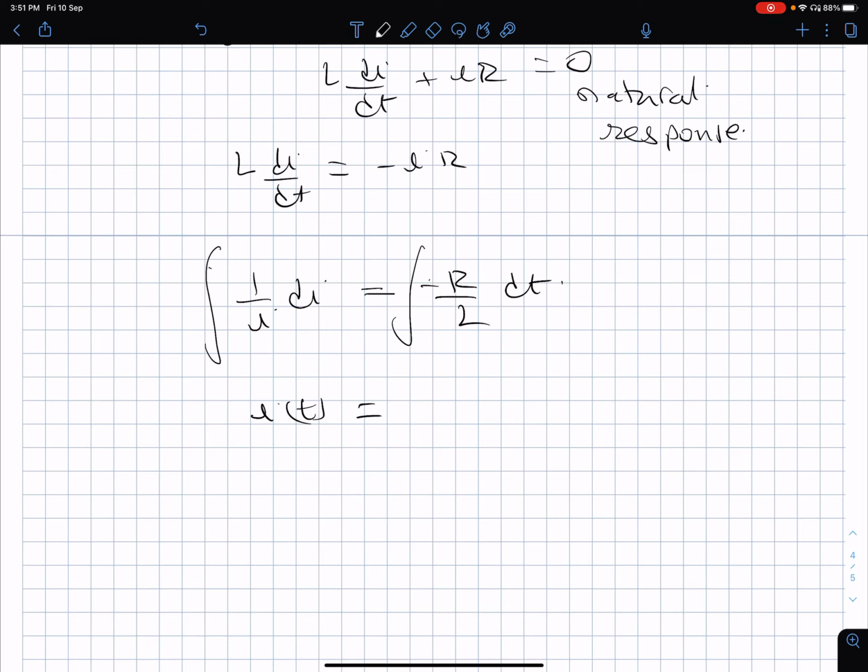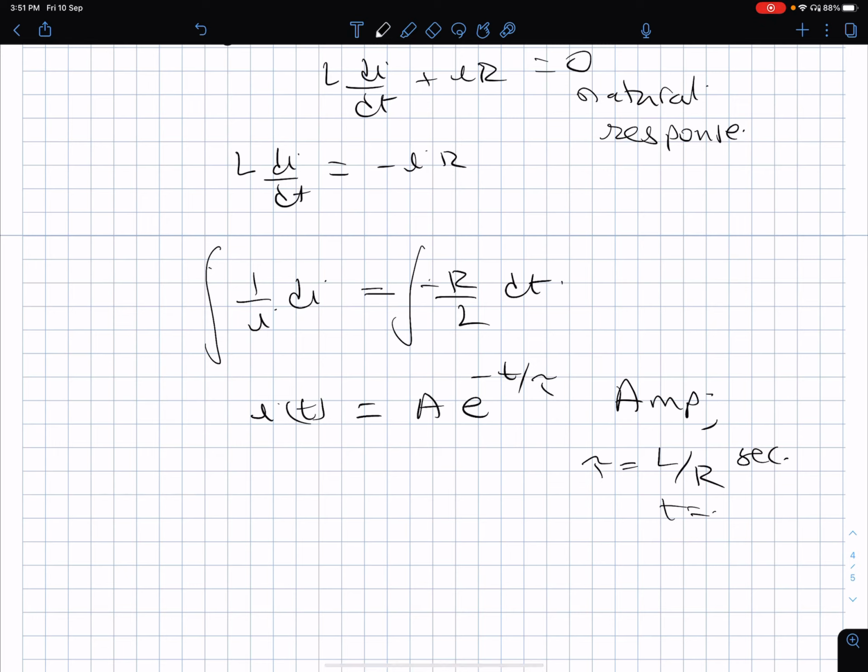I'm going to leave it to you to solve yourself. Then the response will be given by I of t is equal to A e to the power minus t by tau, where this tau is called the time constant, which in this case is the ratio L by R.